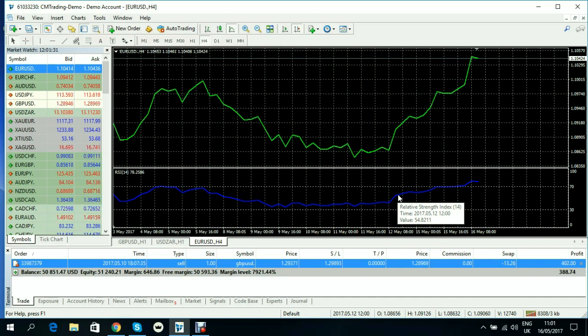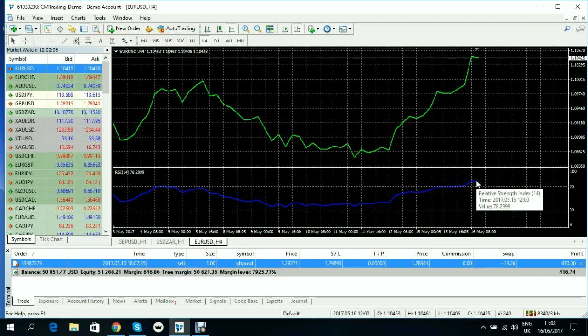It means that when the value goes up above 50, it confirms that a buy trend will continue. And you can see that when it did, it really continued till even now.